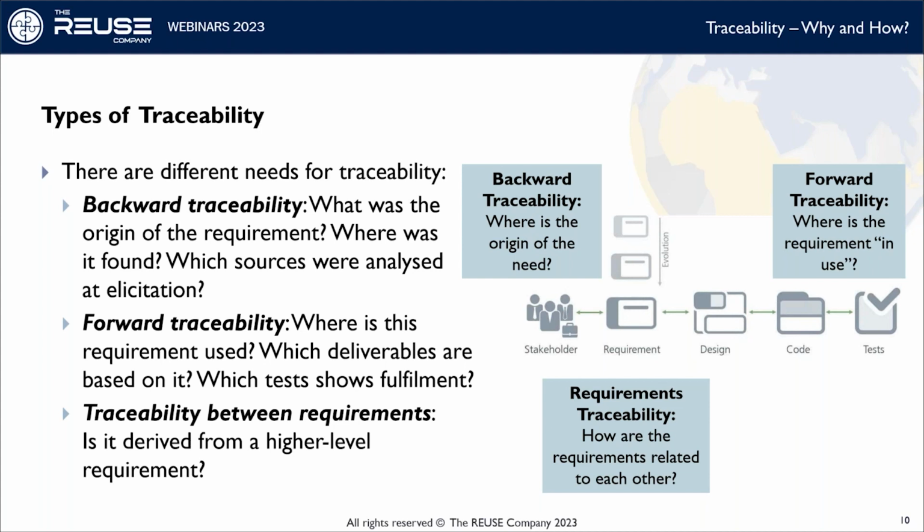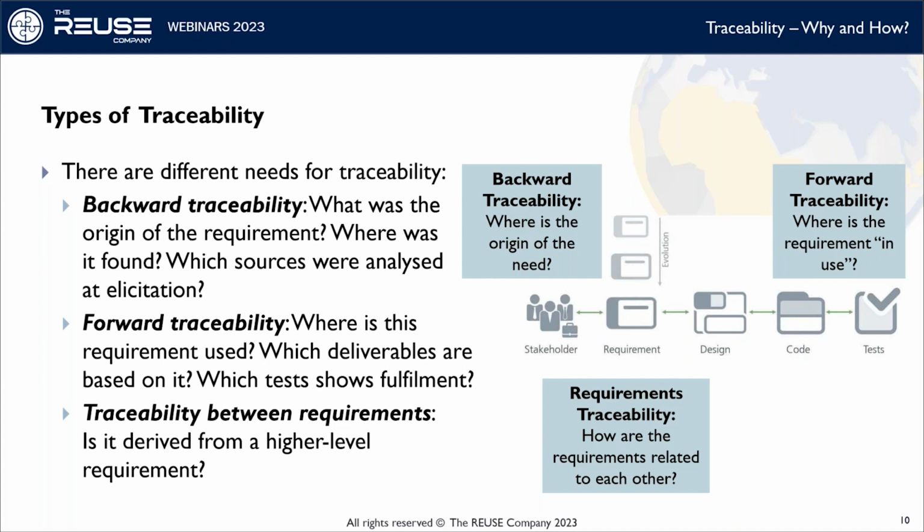And the forward traceability is of the kind, is this requirement going to be used in the next iteration or in this version of the system? Forward traceability also takes care of my being able to check, through test and verification and validation, that the requirement is fulfilled.